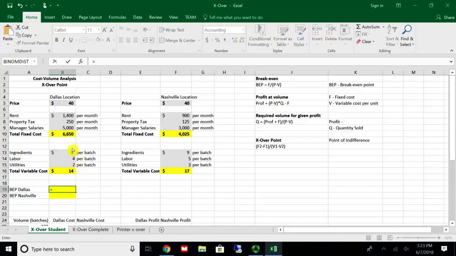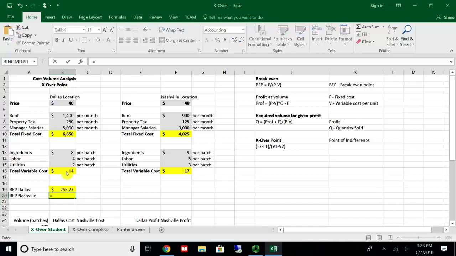I need my fixed cost, $6,650, divided by the sale price of 40 minus the variable cost of 14. So that tells me that if I'm in Dallas, I've got to sell 255 batches of cupcakes every month just in order to break even.